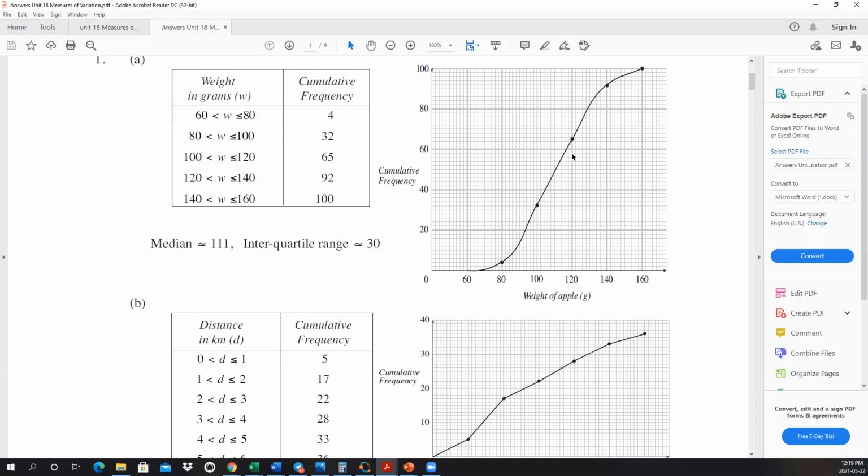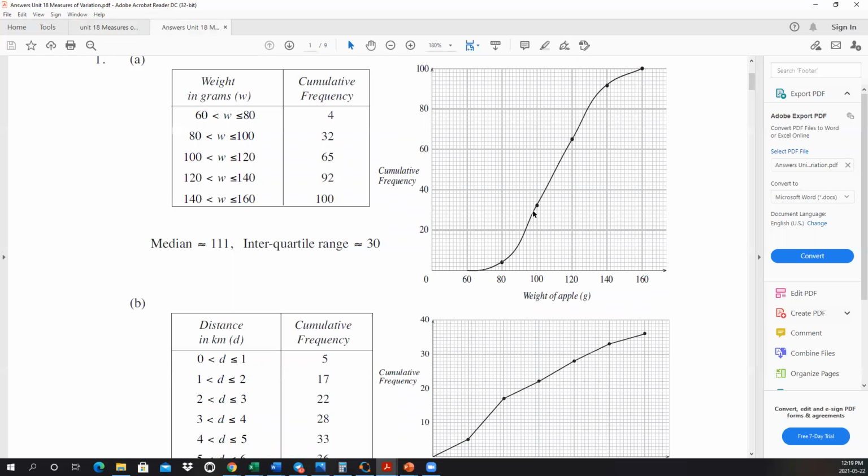So they put it, and then for the median, you go to the middle. How much data? 100, so you go to the middle, 50, cut across, come down, so about 111. For the lower quartile, this is 100, so look at 25. About here, you come down.